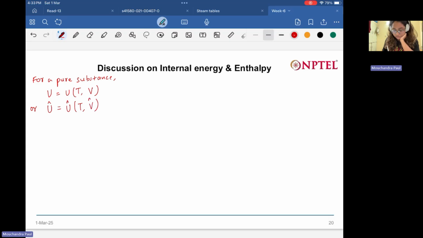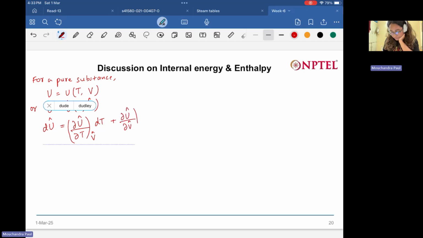If you write this function in the form of total derivative, then it becomes du cap is ∂u cap/∂T at constant v cap dT plus ∂u cap/∂v cap at constant T dv cap.